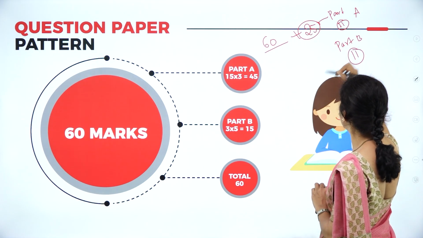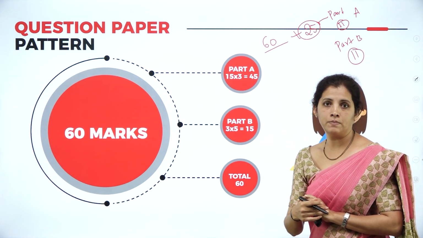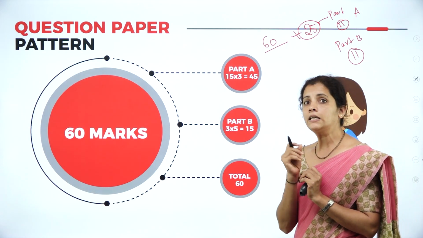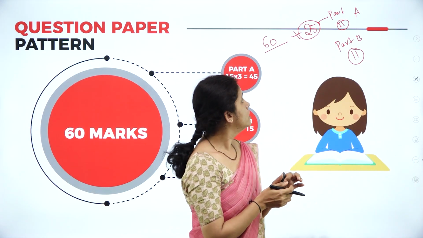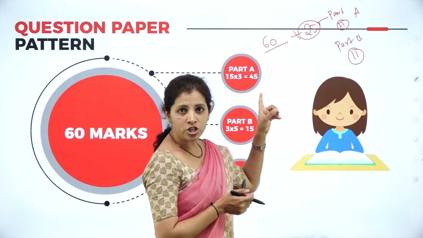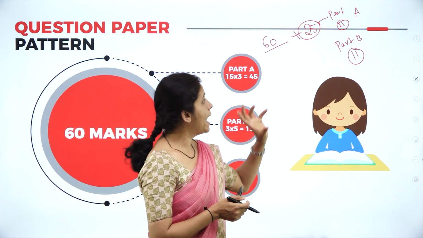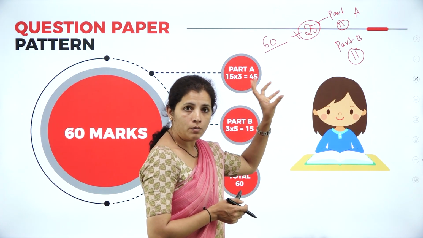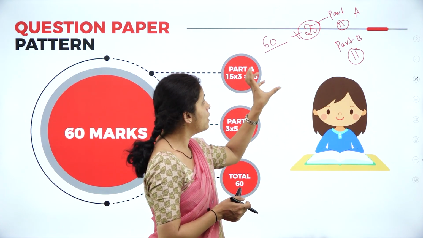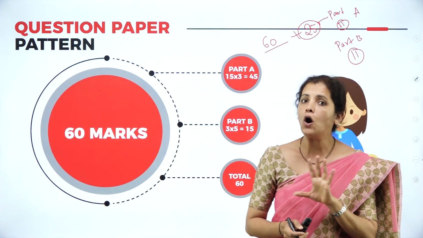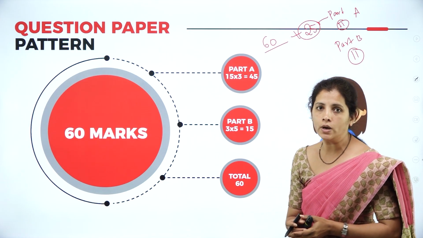And part B, how many programs? 11 programs. In your practical examination, you're going to get 1 question from part A and 1 question from part B. So you have to concentrate on both parts, in the sense that you have to concentrate on the full practicals. So you have to study all 22 programs.